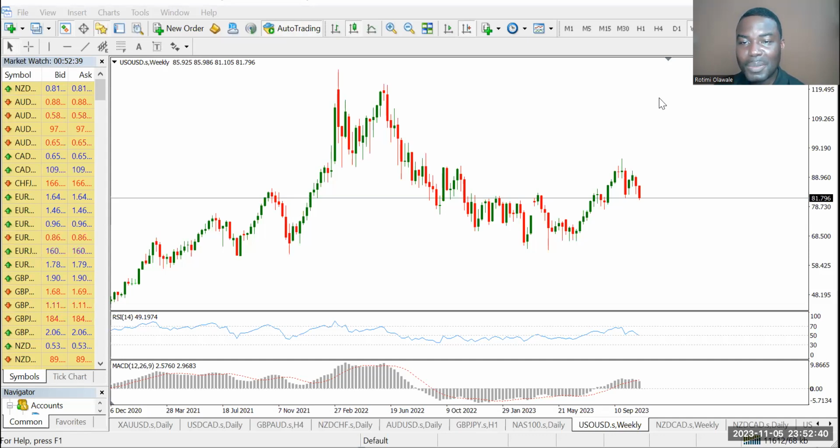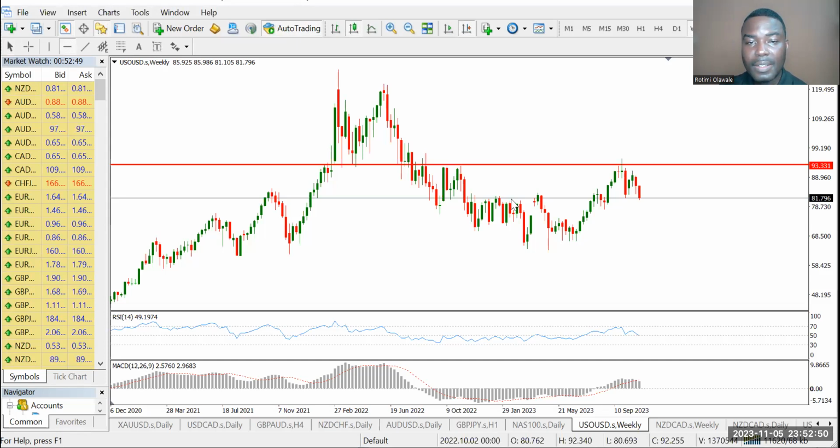All right, the next instrument I want to look at is the US oil. That is USOUSD. So this is US oil on the weekly time frame, and I can clearly see a resistance level up there.